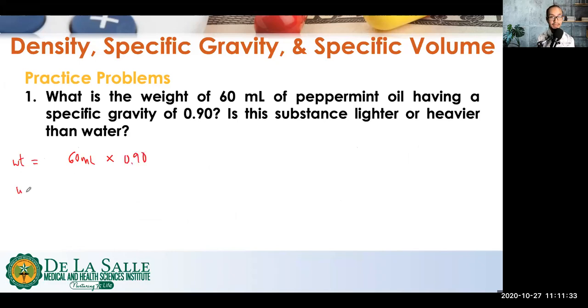So we get ayan, 60 times 0.9 is equal to 54. So the weight of peppermint oil is equivalent to 54 grams. Now, is the substance lighter or heavier than water? Because the specific gravity is less than 1, then the substance is lighter than water.